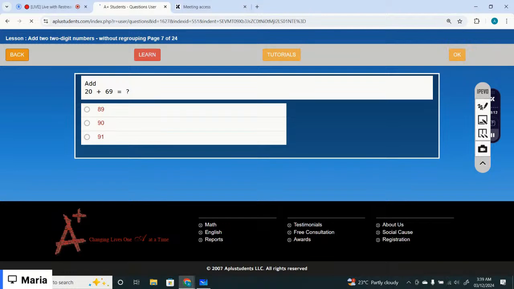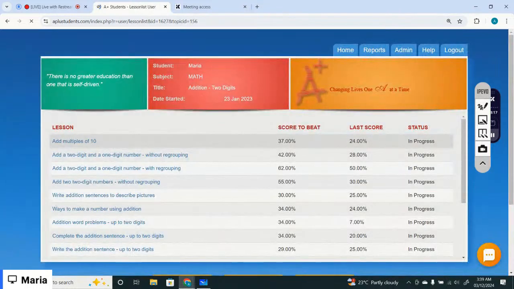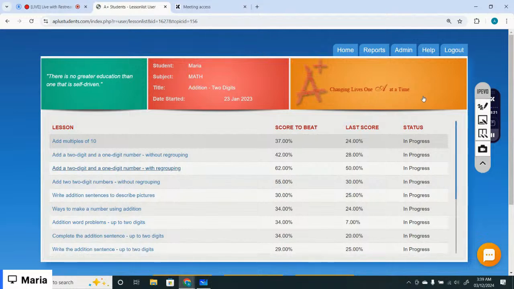So we were working on grade 2 math. The chapter we're working on is addition, two digits. The lessons we have covered today are add multiples of 10, add a two-digit and a one-digit number without regrouping, and add two-digit numbers without regrouping.